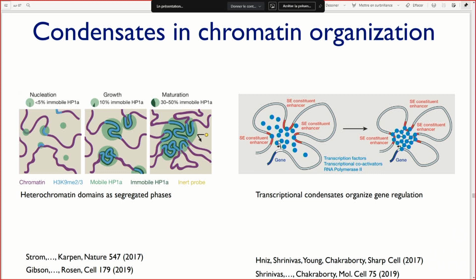This is an interaction of proteins, histones in particular, and DNA that is organized in very complex phases. A second example is the regulation of gene expression.